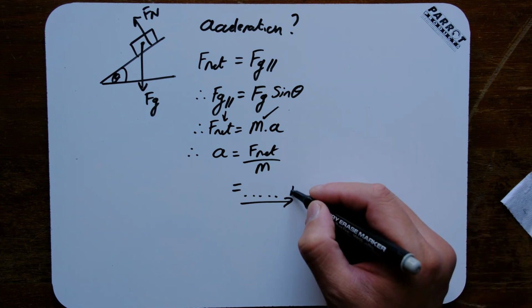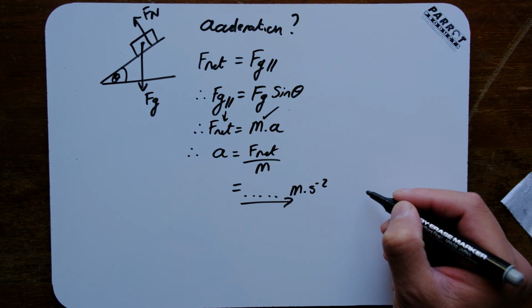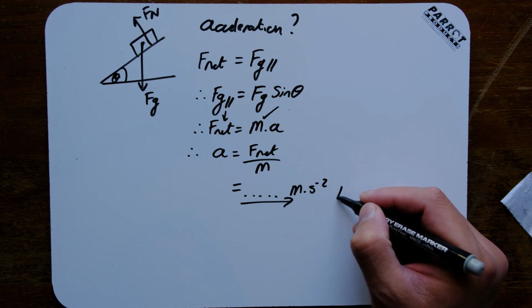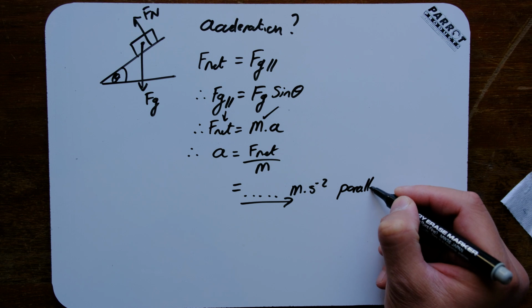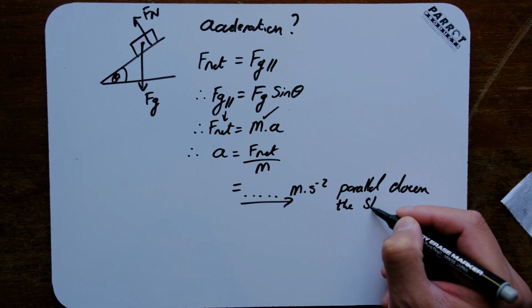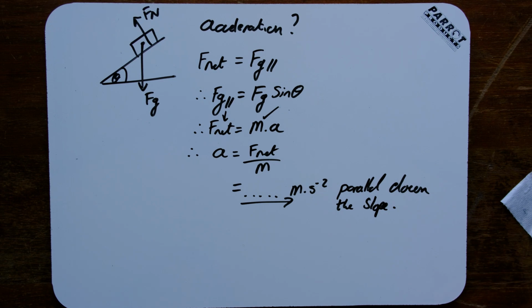Right, don't forget the unit and the direction of motion, which would be parallel down the slope. Okay, that's more or less all we need to know for our object sliding down the slope or being held on a slope.